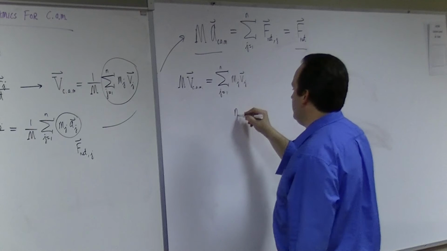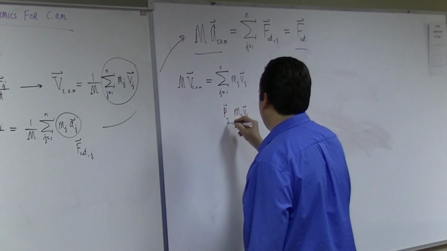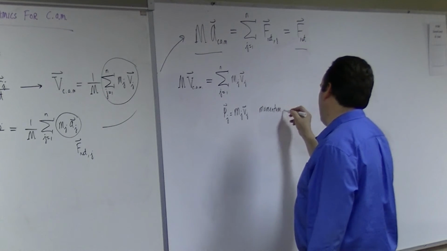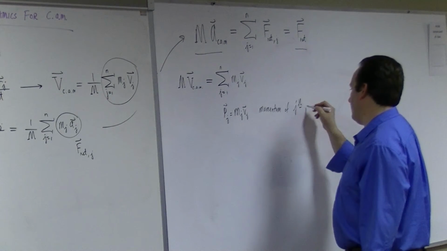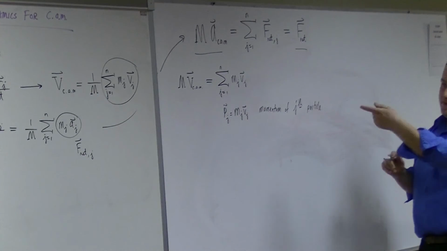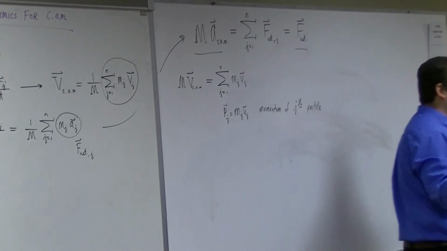By the way, m sub j times v sub j is the momentum of the jth particle, whereas the total mass times the velocity of the center of mass is the momentum for the whole system.